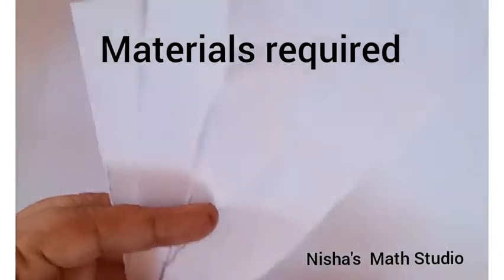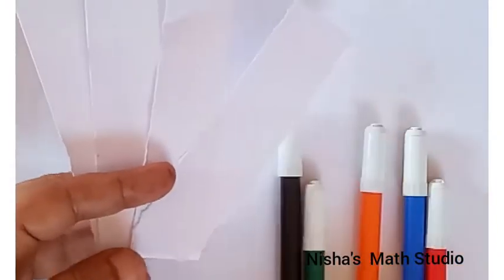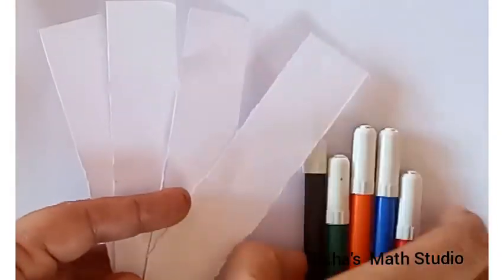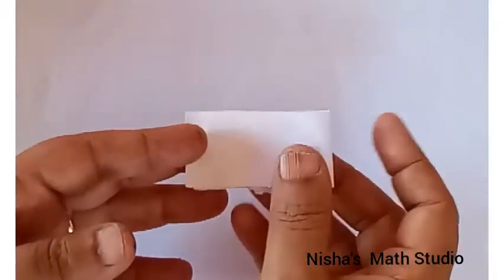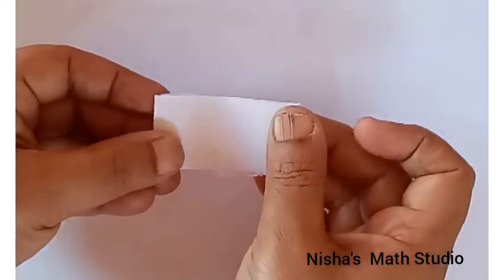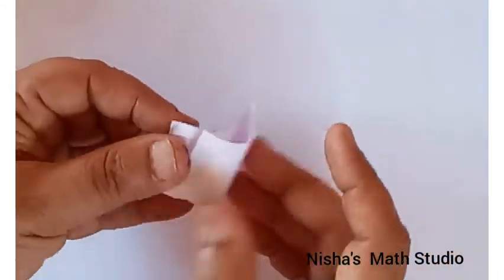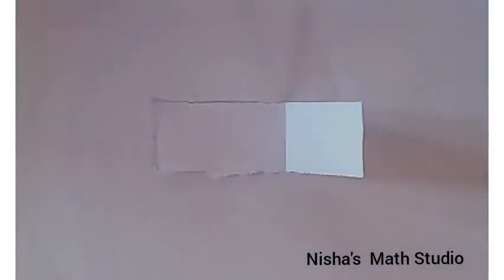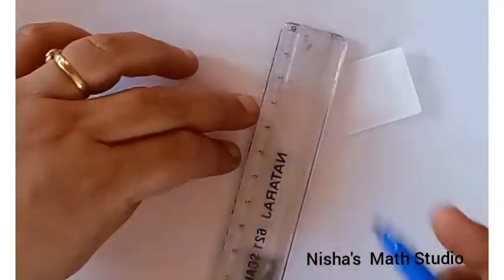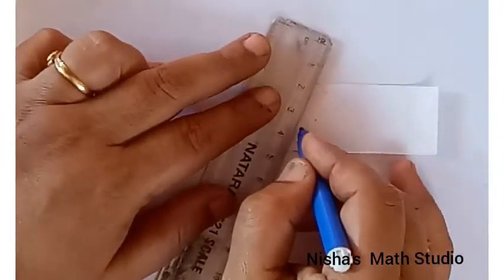For today's activity, I need 4 strips of paper which are equal in size and some color pencils or crayons. Let's begin. First, let's take the first strip and fold it into 2 equal parts. And I have 2 parts here. Let me color the first part.